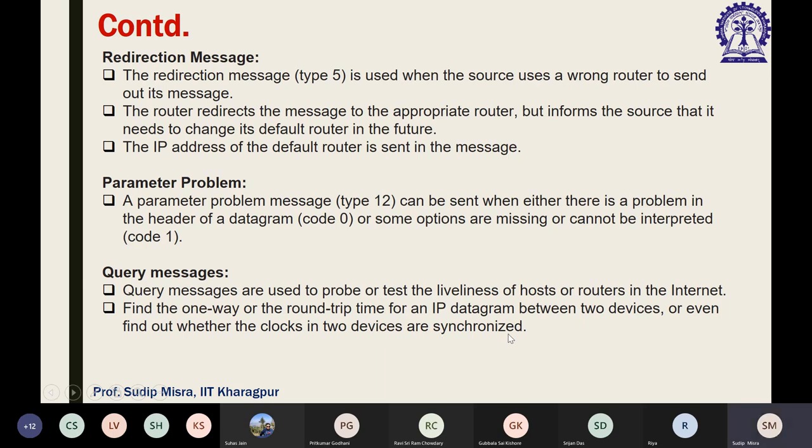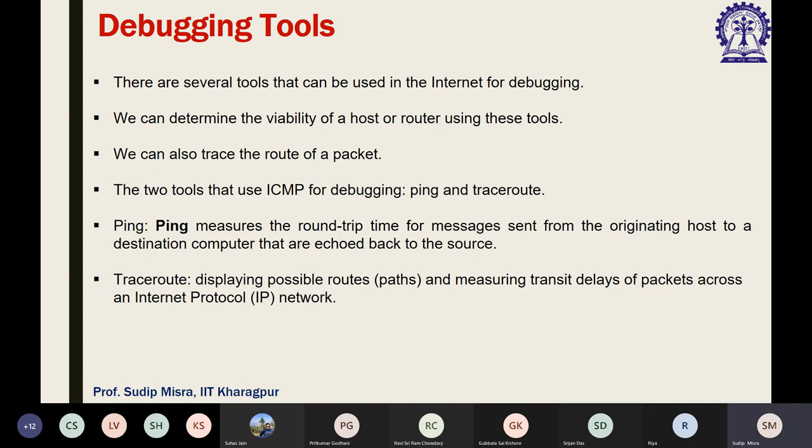For querying, different tools are used. I will show you shortly what sort of tools are used, because these query messages are very important in debugging. Debugging means that something has gone wrong somewhere, or you need to understand the status of the different connected hosts or routers in the network.